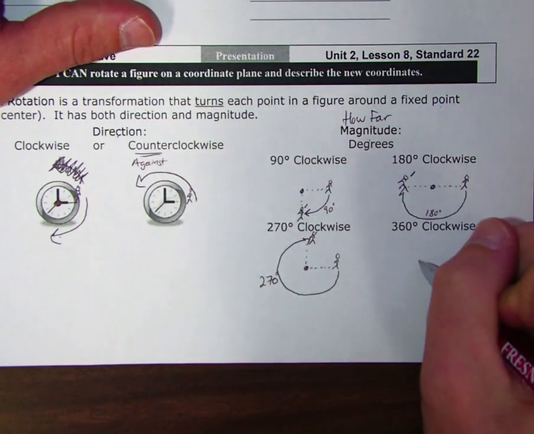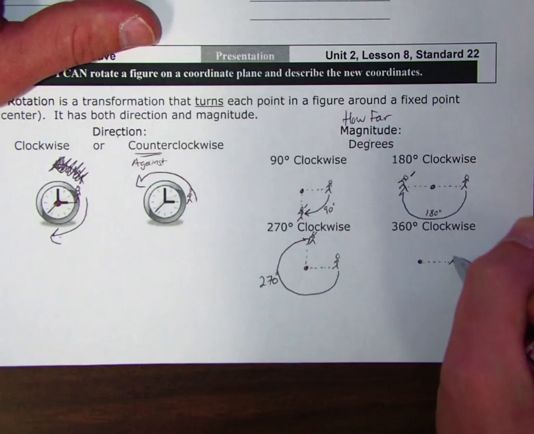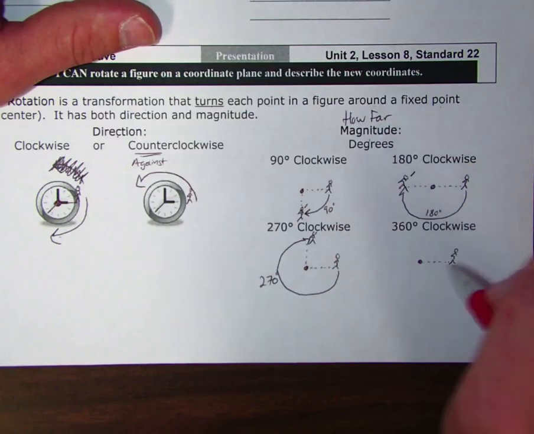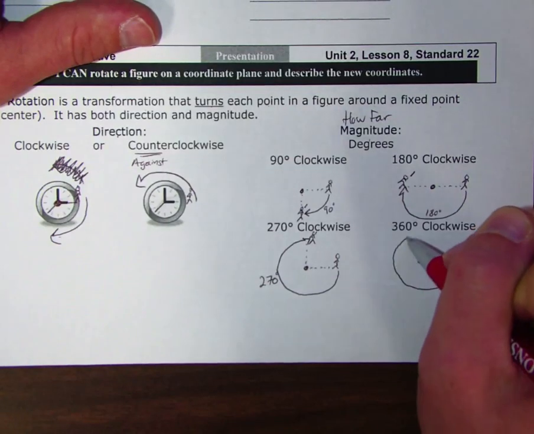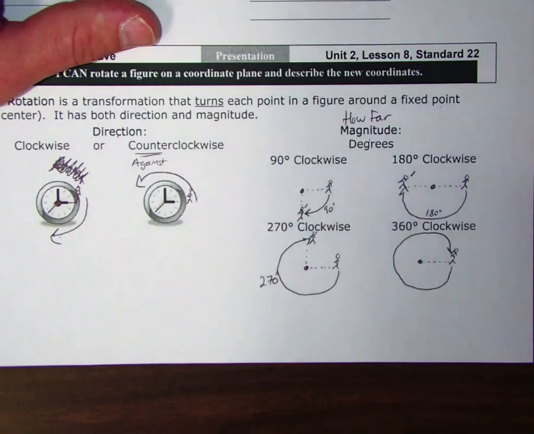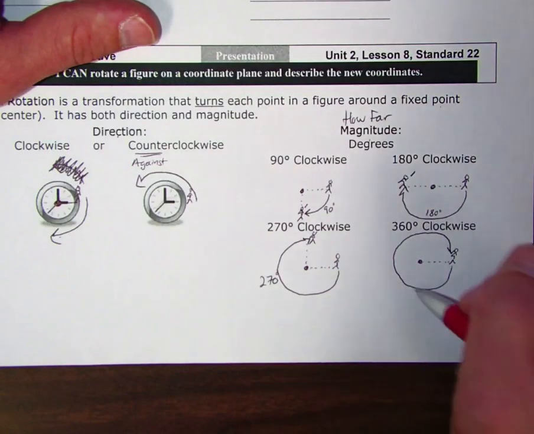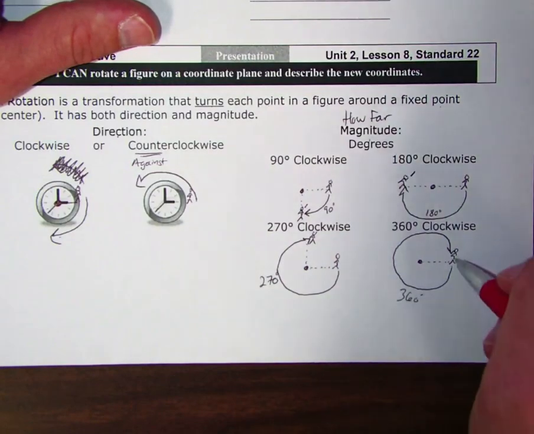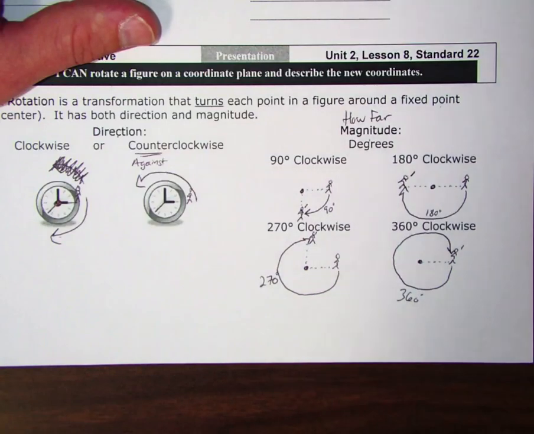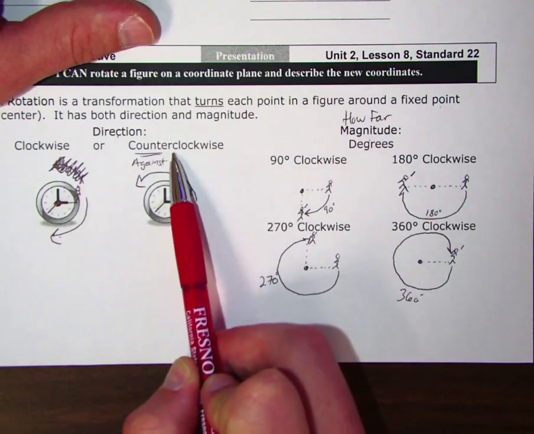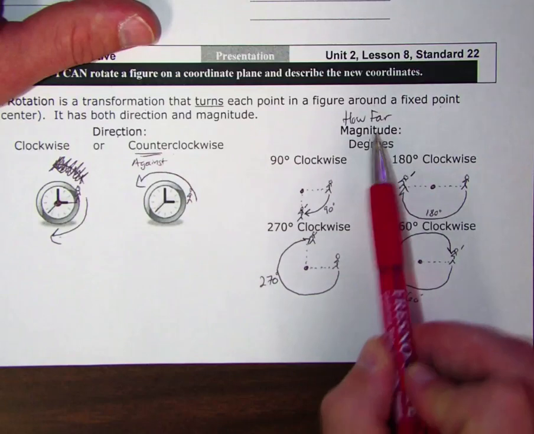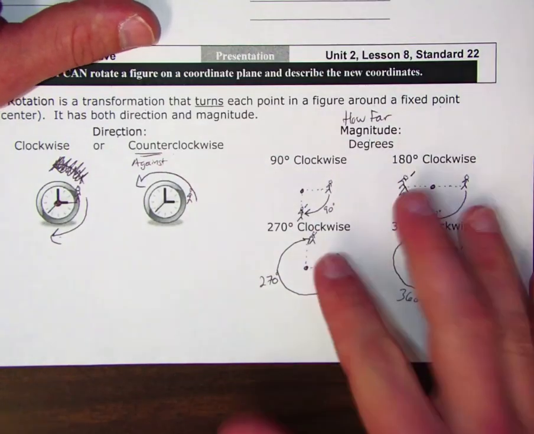Last one, 360. My favorite. Here I am, I'm hanging out. Let's go 360 clockwise. Clockwise is this direction. 90, 180, 270, 360. Back where I started. So here I am, and then I'm prime on top of myself. So direction is either clockwise or counterclockwise, and magnitude is how many degrees you are moving. So let's go ahead and try a problem.